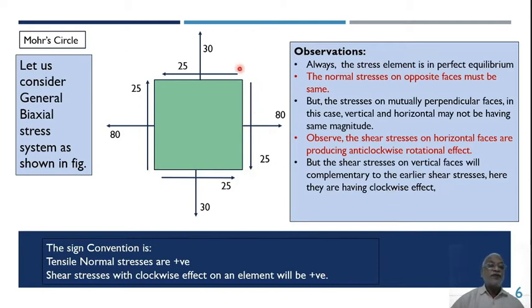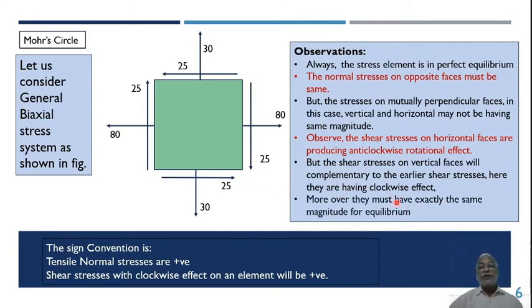Obviously they have to nullify that effect. Because of that, they are called complementary shear stresses. Moreover, they must have exactly the same magnitude for equilibrium. Sign-wise it should be opposite, but magnitude-wise they should be the same. That is the point.